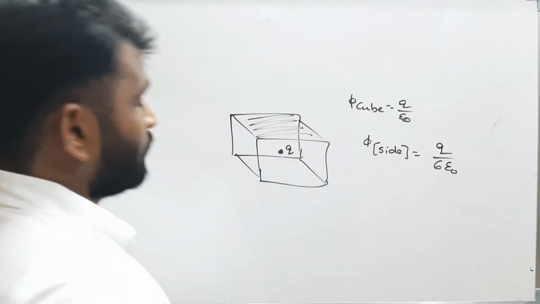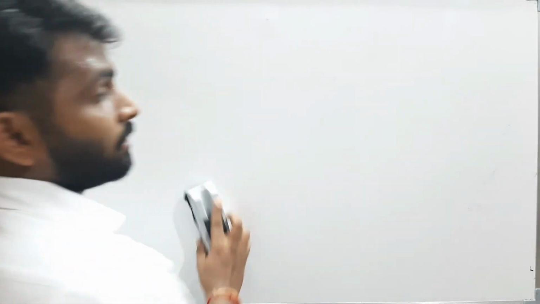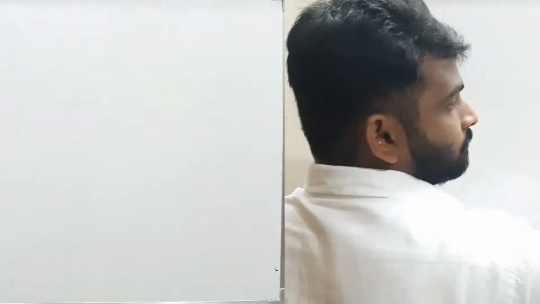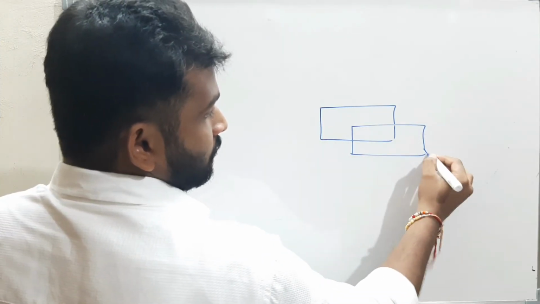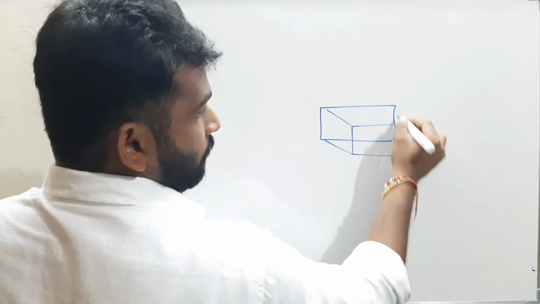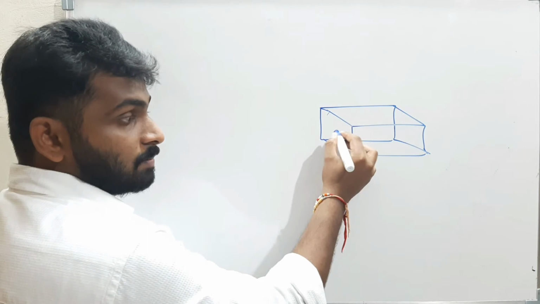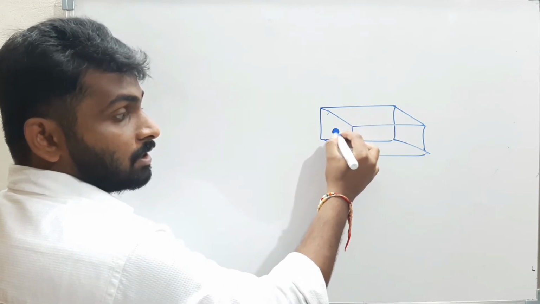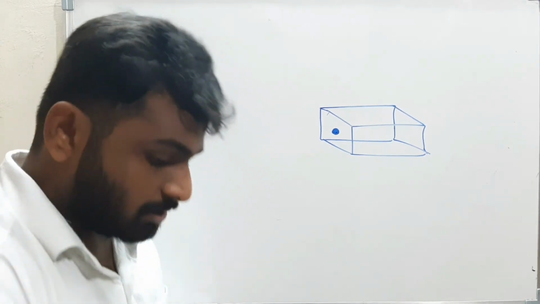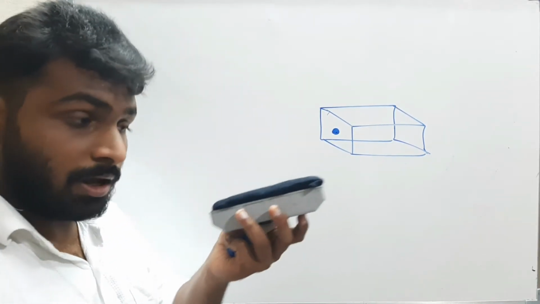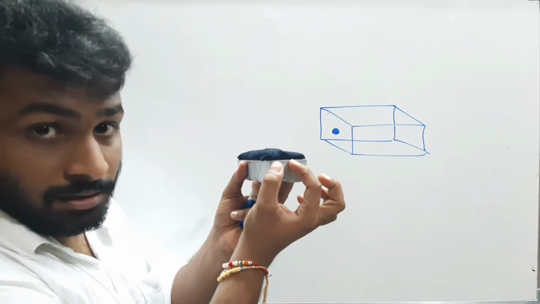Okay. Now the charge is not at the center. Now the charge is at the center of one of the sides. Assume this is a cube, and this is one of the sides.